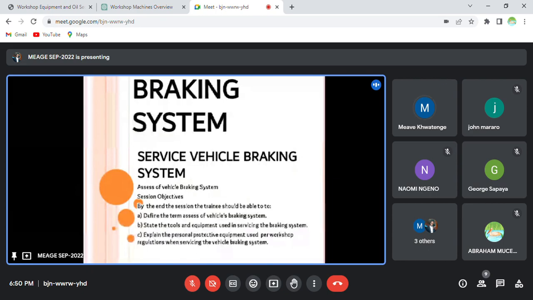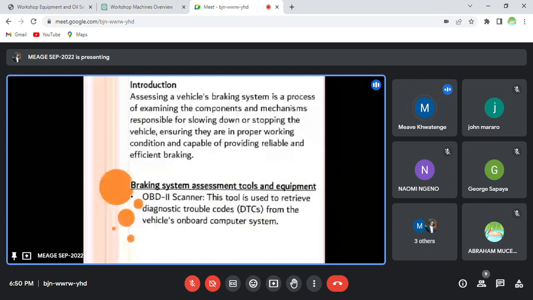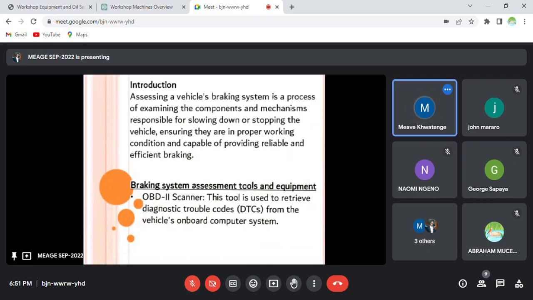And now we are going to start by introducing what is assessing the vehicle braking system. Naomi, take us through that.